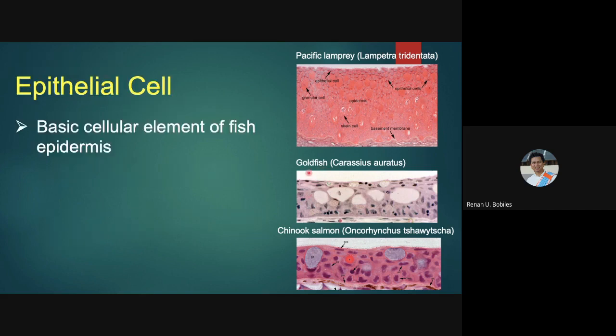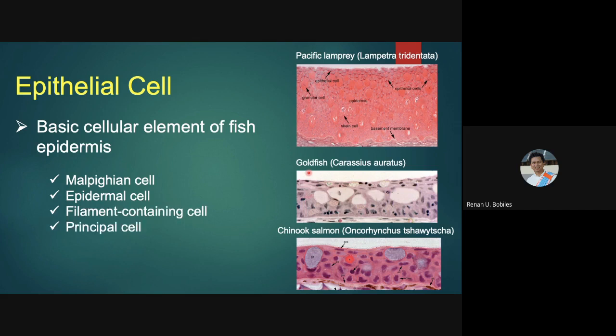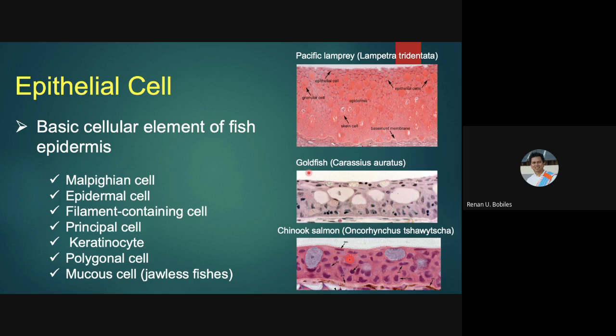So, the basic cellular elements of fish epidermis are known as, it is also known as Malpighian cells, epidermal cells, filament containing cell, principal cell, keratinocytes, polygonal cells, mucous cells sa mga jawless fishes.